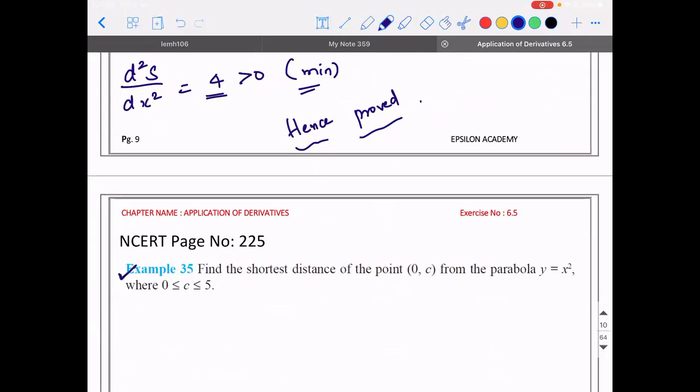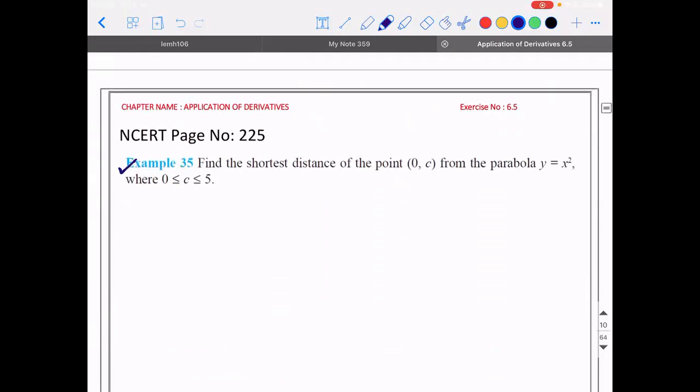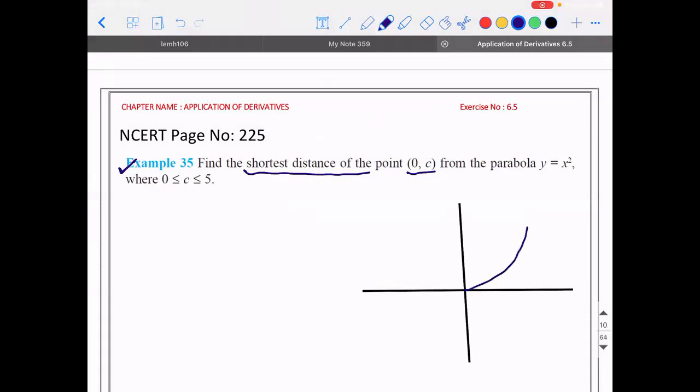Next, example number 35. Find the shortest distance of the point 0, c from the parabola y is equal to x square.